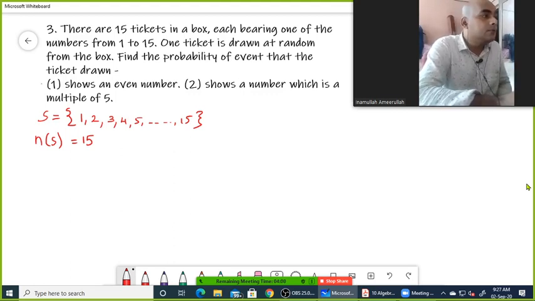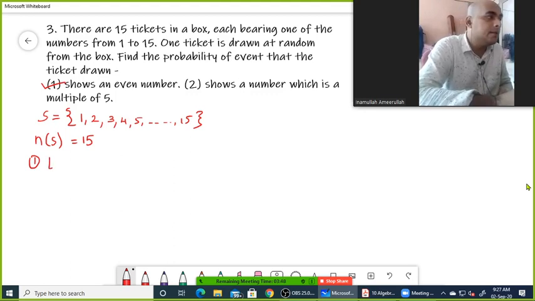Then come to the first event, whose probability we need to calculate: the ticket shows an even number, and one ticket is picked randomly.